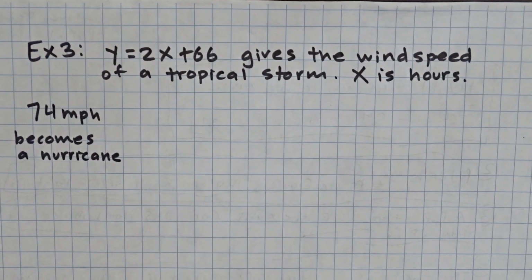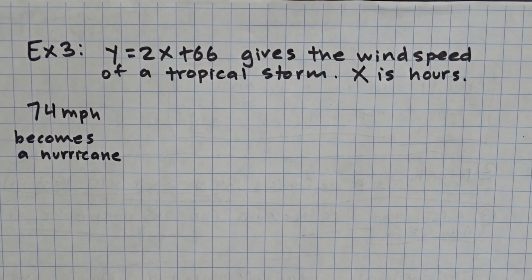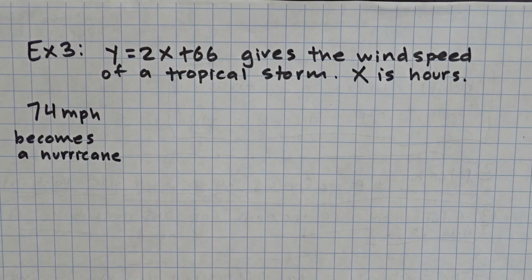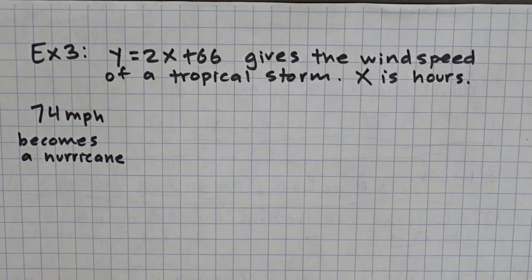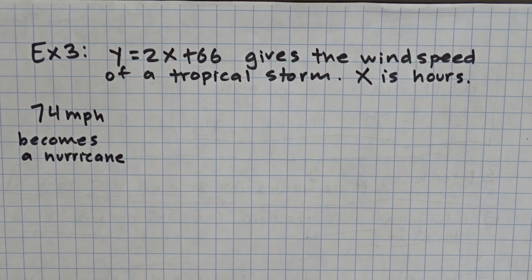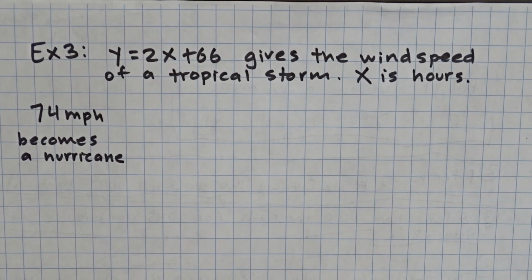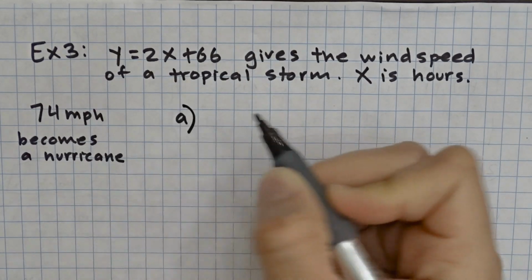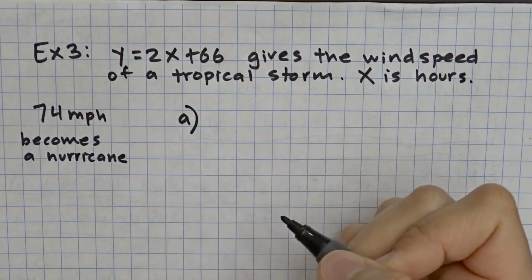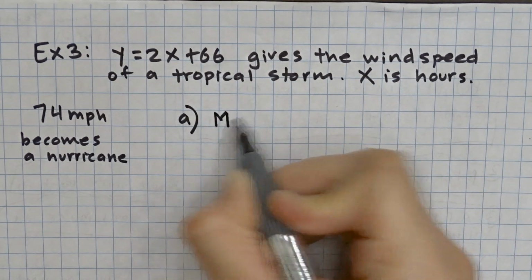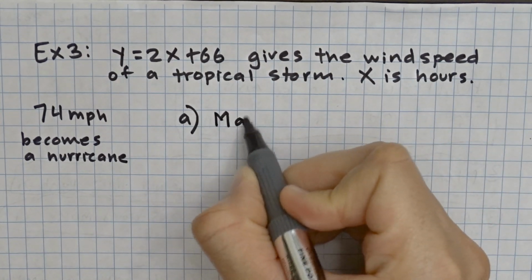So when the winds become 74 miles per hour or more, it's going to become a hurricane, not just a storm. So we're going to use this to model a linear equation and then use that to predict after how many hours this storm will be a hurricane, which in real life is something they need to do because we need to warn people what they need to do to be safe if they're in danger.